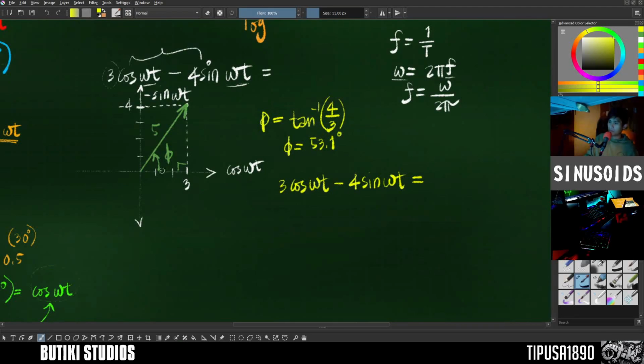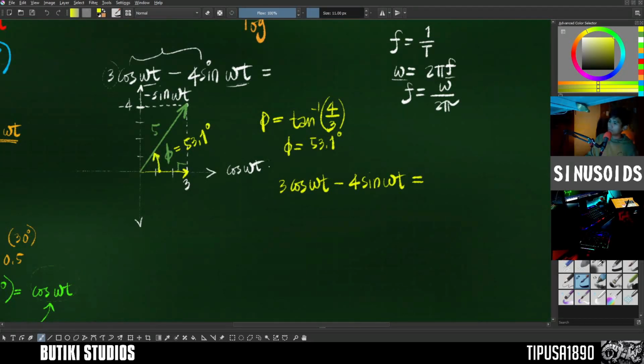So we go from the cosine to this vector, which is 5. Its direction now is 53.1 degrees. Say for example this 3 here, it is cosine omega t.